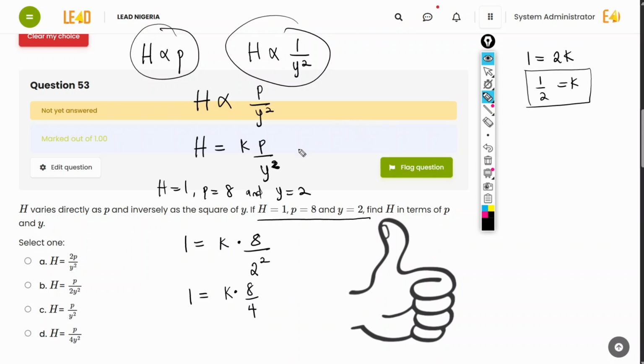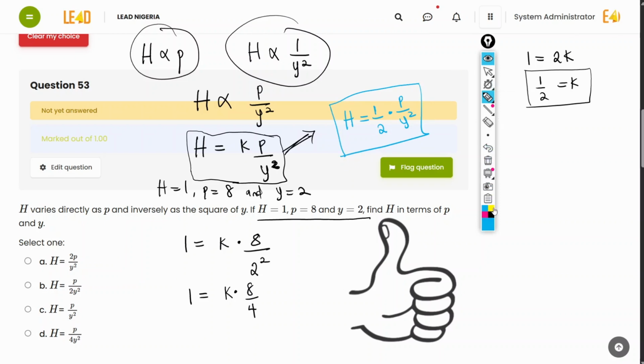Final thing to do now is to rewrite this relationship, introducing the value of K. So I would have H is equal to half, which is K, times P over Y squared.